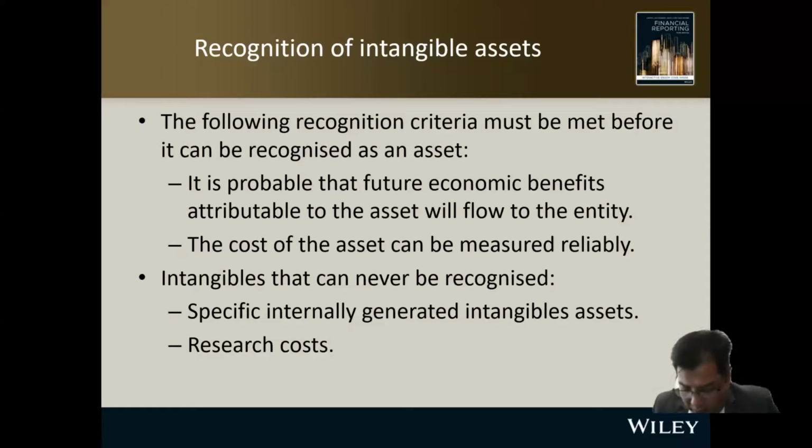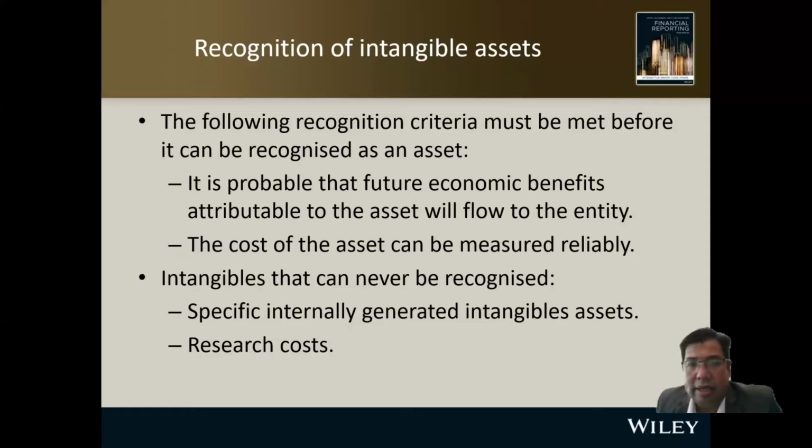So before we go further, just go back to what we have covered before in PPE accounting, that basically it has these two rules. Number one is probable future economic benefit. Number two is we can measure the cost reliably. So same goes to intangible asset.